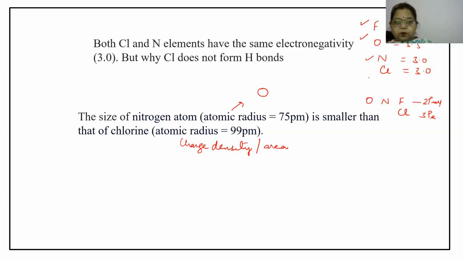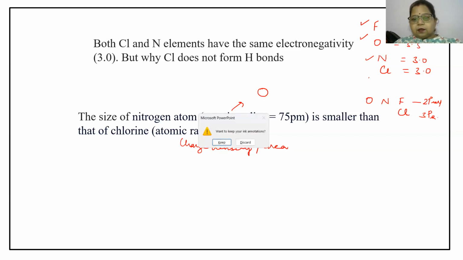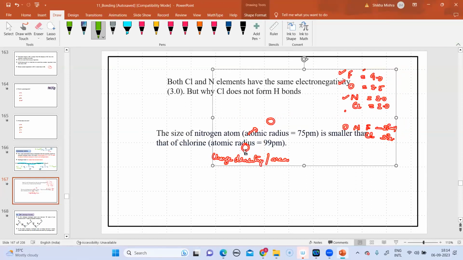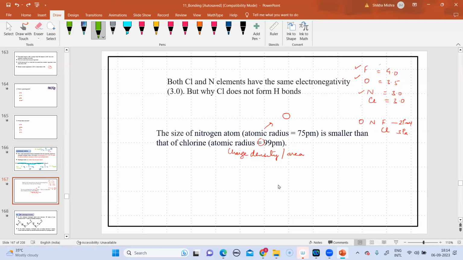In case of chlorine, it will be spread over a slightly larger area, right? Therefore, it will not form hydrogen bond. Is it clear? Is it clear, Ananya? Yes, ma'am. Okay.